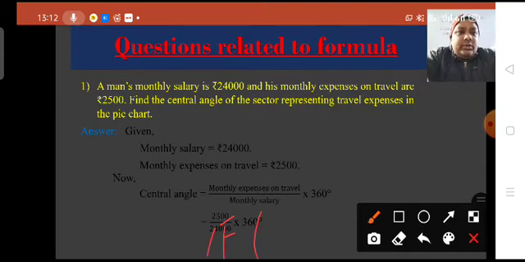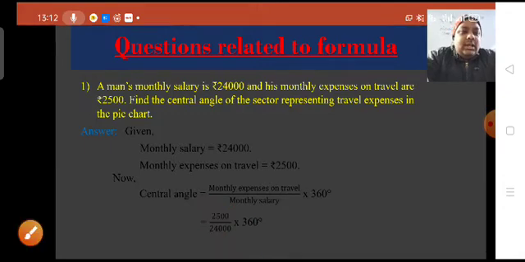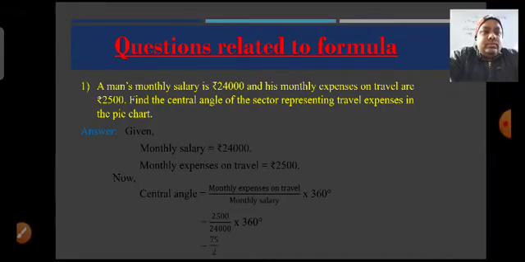Now 12 2s are 24 and 12 3s are 36. Now 2, 125, it means approximately the value will be 75 by 2, that is 37.5 degrees. That will be its central angle. Okay, now students, next question.